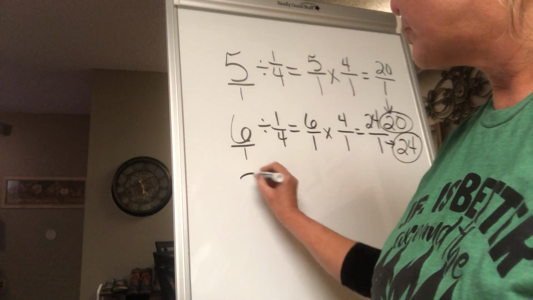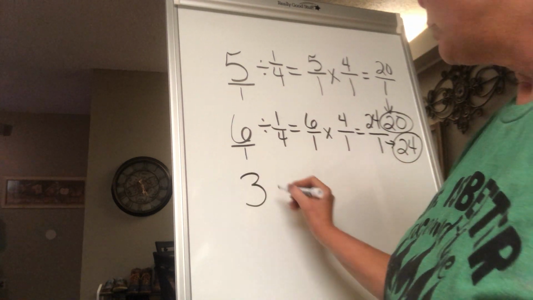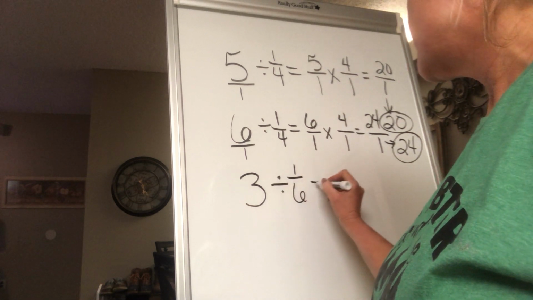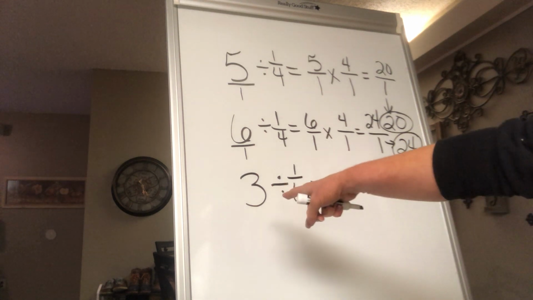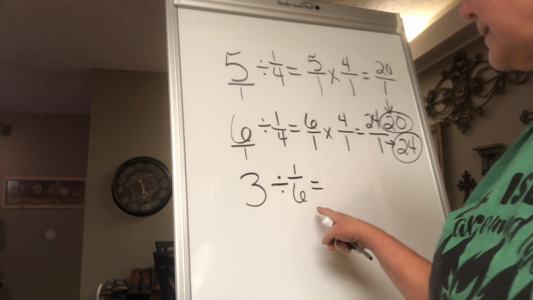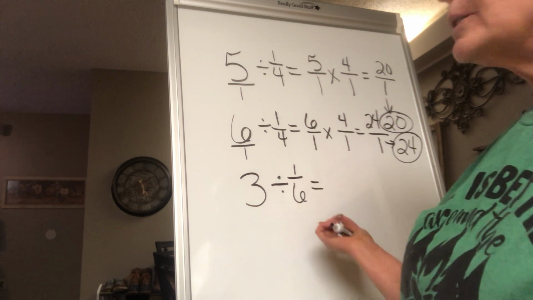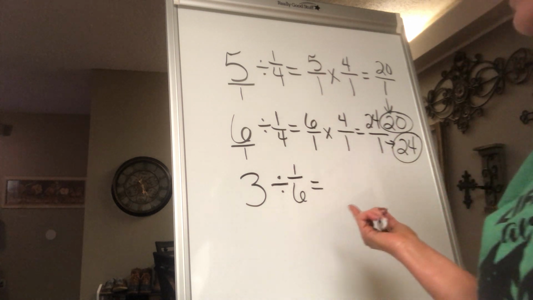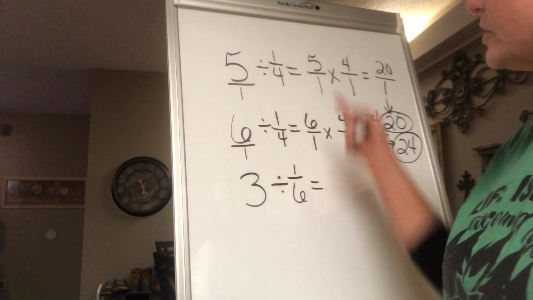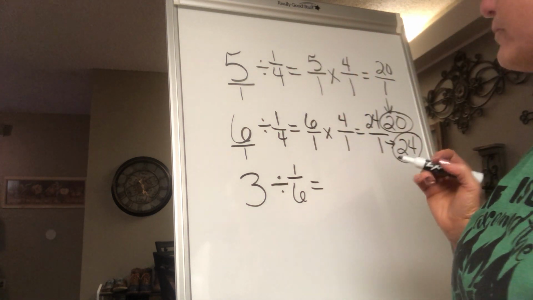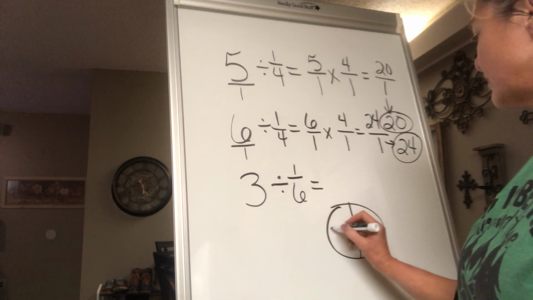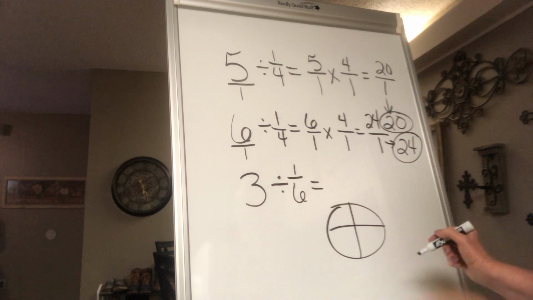Now we have 3, and we're dividing it by 6. So I have less than what I started with earlier, and I'm dividing it into littler sections or bigger sections? Is 1/6 a littler section or a bigger section than 1/4? So let's think about that. If it was a pie, if I had it divided into fourths, it would look like that.